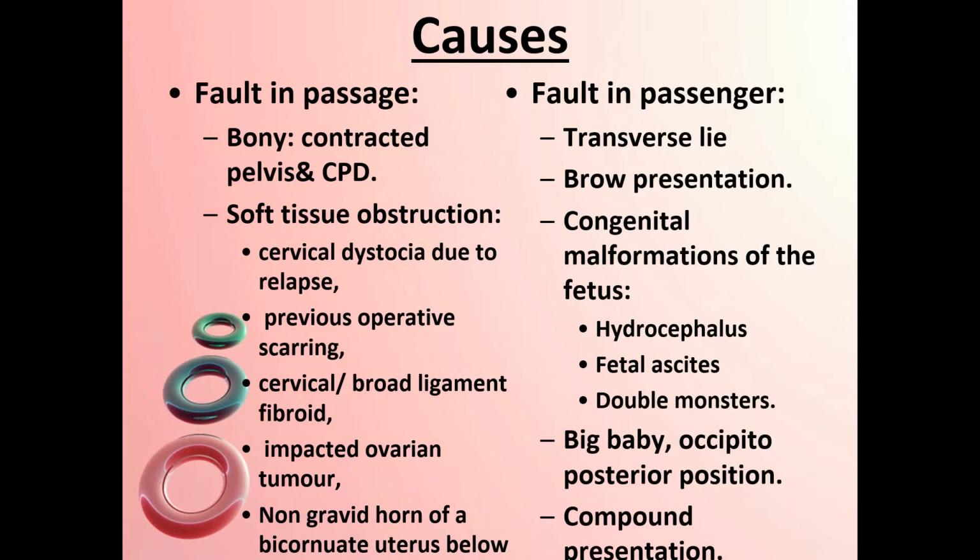So what are the causes of obstructed labor? One is, it can be a fault in the passage. So bony, that is the contracted pelvis and cephalopelvic disproportion, soft tissue obstruction like cervical or broad ligament fibroid, impacted ovarian tumor, non-gravid horn of a bicornuate uterus, or it can be fault in the passenger, that is abnormal presentations like transverse lie, brow presentation, then congenital malformations of the fetus like hydrocephalus, fetal ascites, double monsters, big baby.